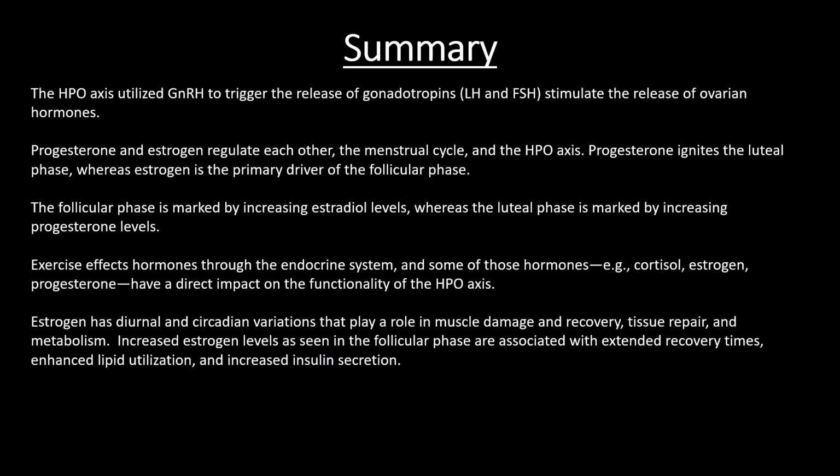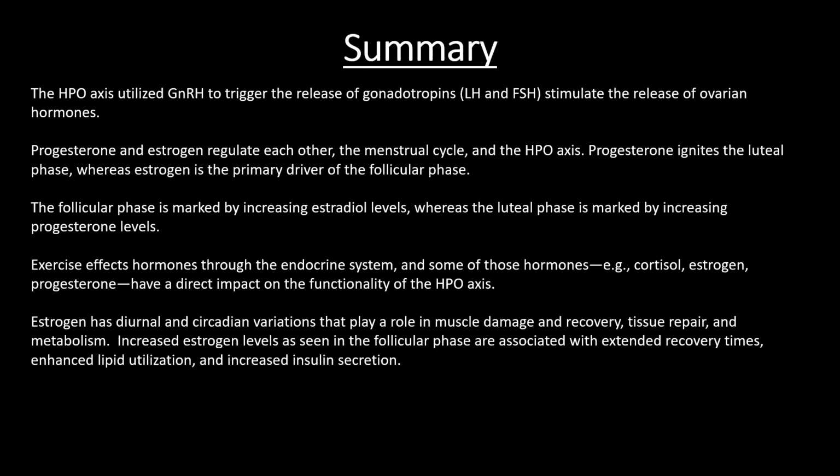So that's a lot of stuff. In summary, and here is more stuff, so many words. I don't think I could have put more words on here if I tried. The HPO axis utilizes GnRH to trigger the release of gonadotropins, that's luteinizing and follicle-stimulating hormone, to stimulate the release of ovarian hormones, including but not limited to estrogen and progesterone, which regulate each other, as well as the menstrual cycle and the HPO axis.